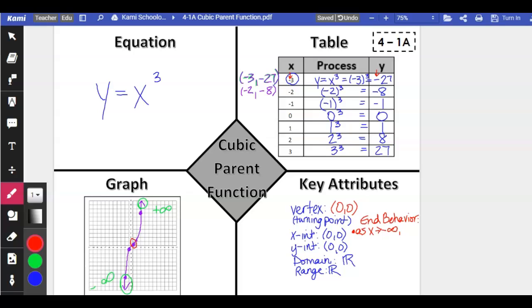So as the x values go this way, what's happening to the y values? They're going down. Are they ever stopping? No, they keep going down, down, down. So as x approaches -infinity, y also approaches -infinity. So as x's go to the left, y's go down.